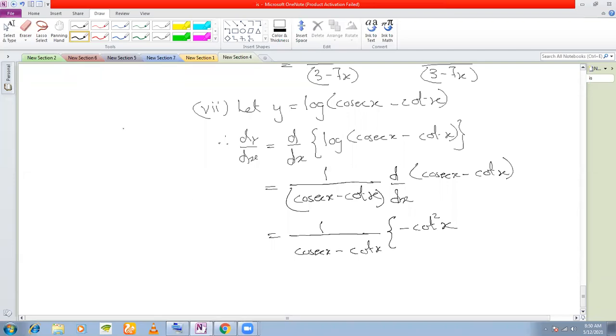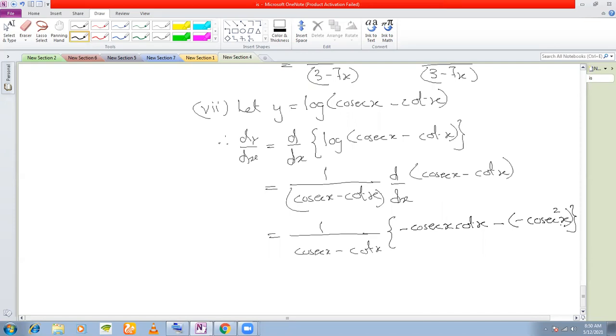No, d/dx of cosec is minus cosec cot. Even I got confused. d/dx of cosec x is minus cosec cot. And d/dx of cot x is minus cosec square. So minus of minus cosec square x. Remember, d/dx of cot is minus cosec square.